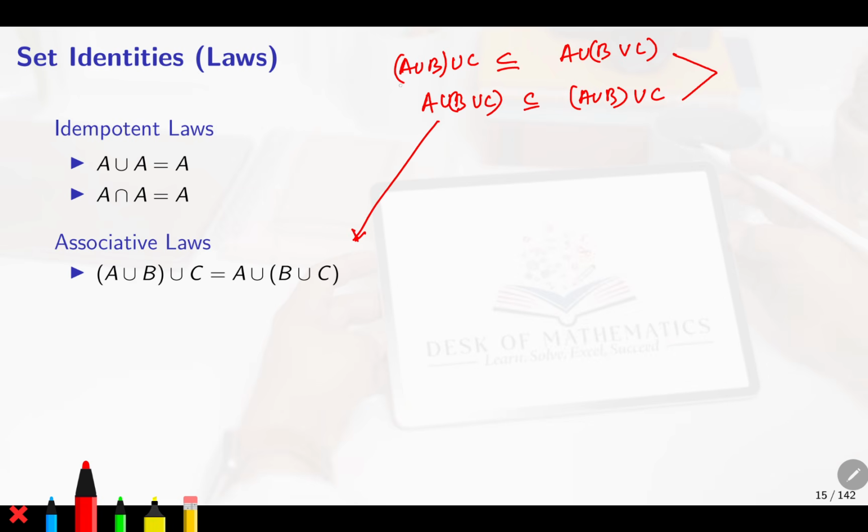the associative law. So what will you do? You just take an arbitrary element that is in (A union B) union C. What does it mean?